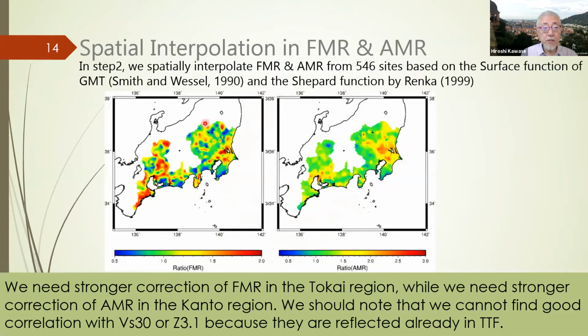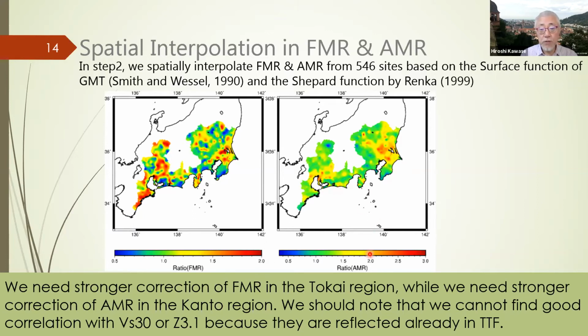And this is the interpolated FMR and AMR. This is FMR and this is AMR. We see stronger correction of FMR in Tokai region is necessary in comparison to Kanto region, while larger AMR correction in Kanto basin is necessary in comparison to the Tokai area.